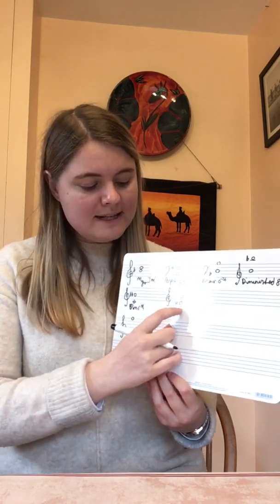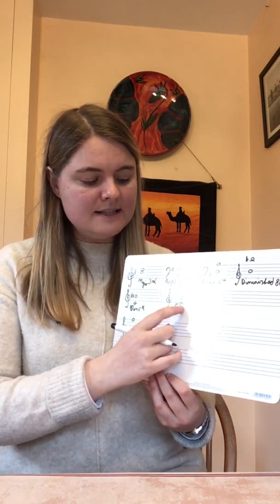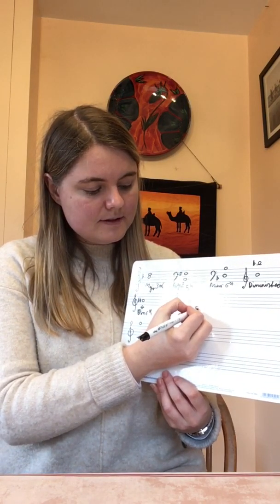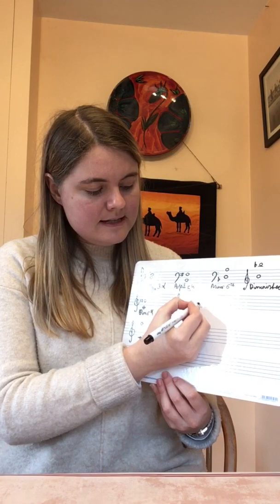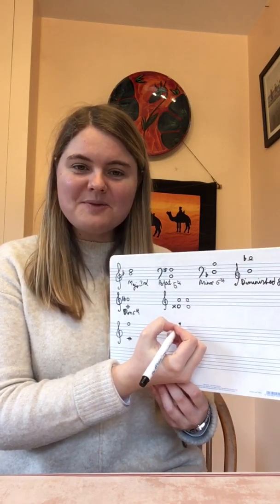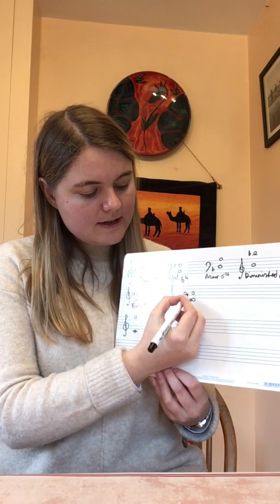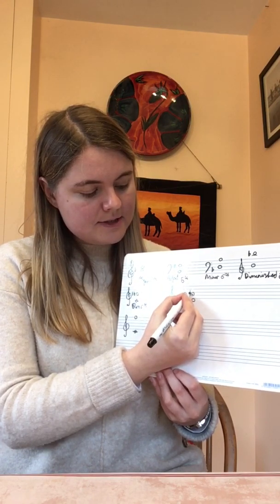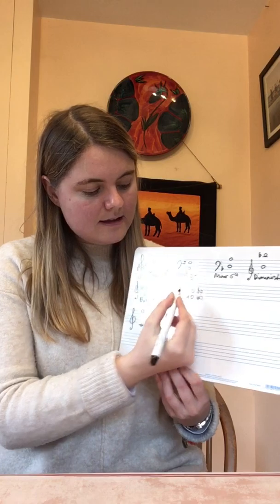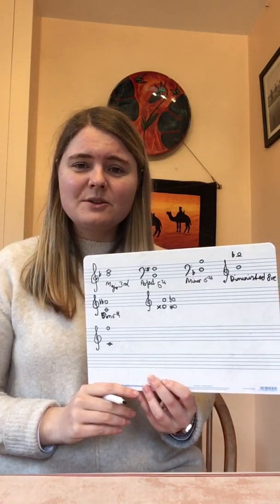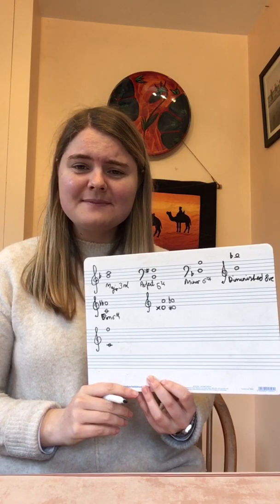But making sure, really importantly, that we still have a D and an A. So if I lower D double sharp by a semitone, I have D sharp, and A lowered by a semitone gives me A flat.